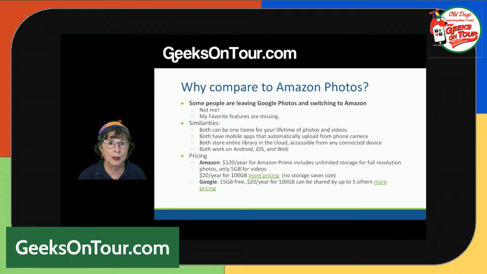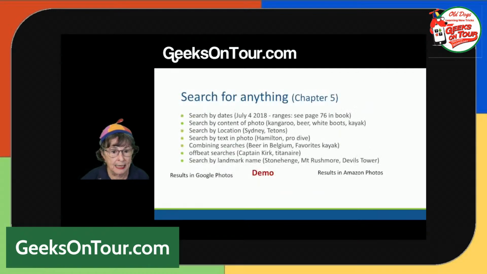And at that point, their pricing is pretty much the same as Google Photos. $20 a year for 100 gigabytes. Google gives you 15 gigabytes free to start with, and then it's $20 a year for 100 gigabytes. Same as Amazon. But Google gives you Storage Saver size, so you can store more photos and videos in the same space on Google than you can on Amazon. So that's my little pitch there.